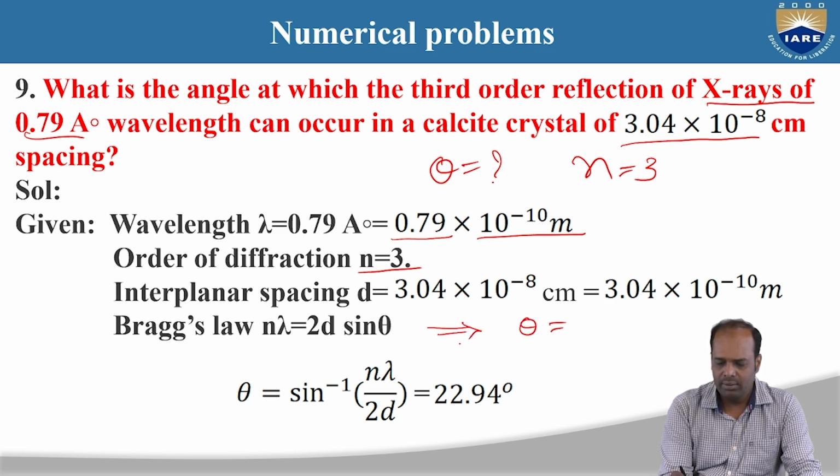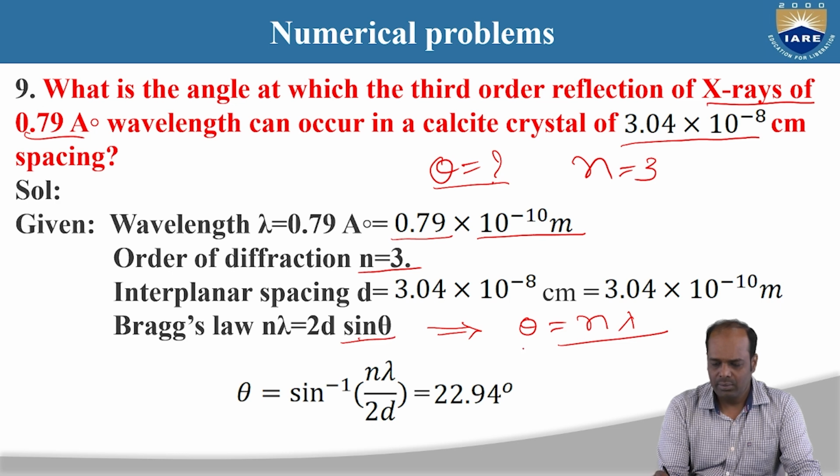How can we write? What are they asking to find out? Theta, Bragg's angle. So theta is equal to n lambda by 2d. Then afterwards the sine function.